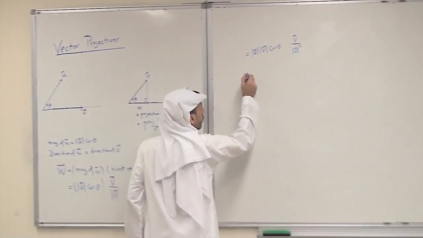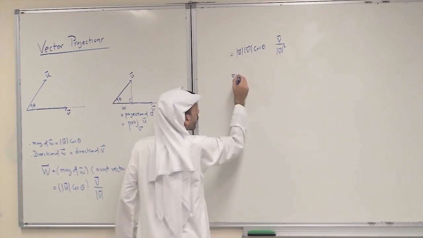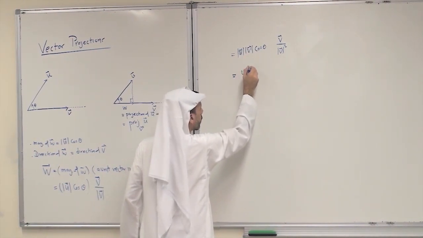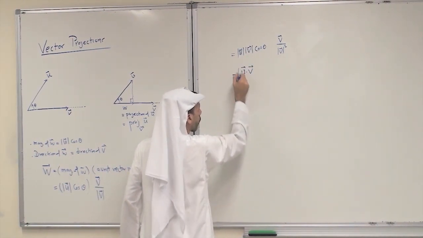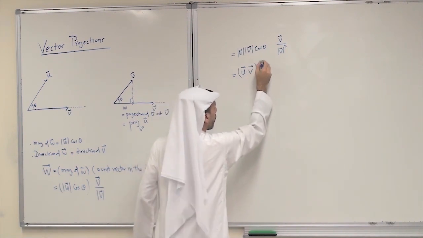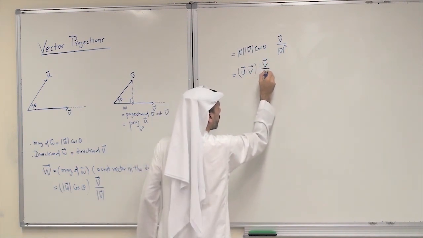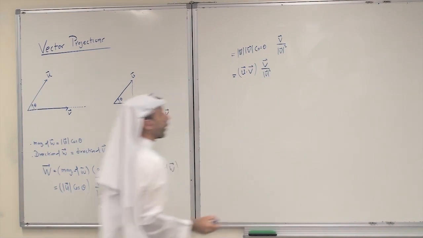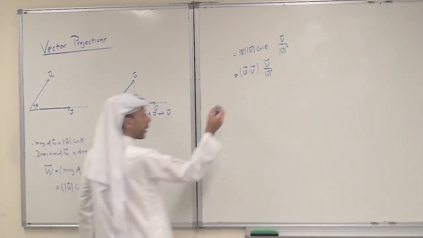Now this becomes the following. This is the dot product, U dot V, times V over the magnitude of V squared, which can also be written as follows.